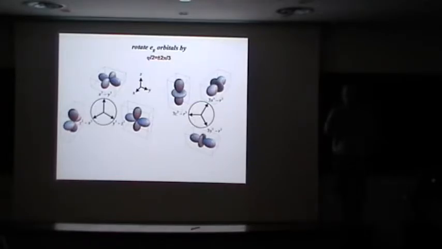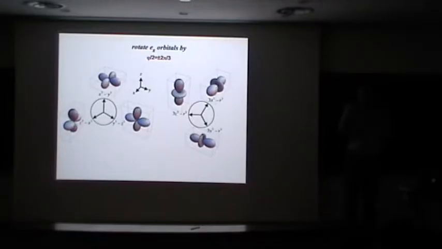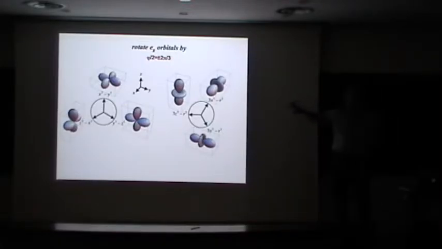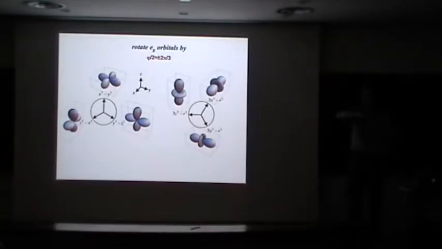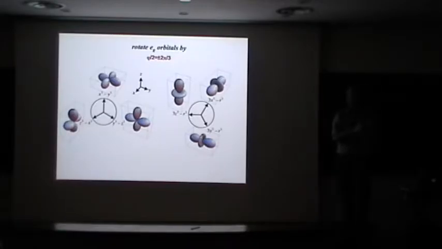These are just rotations in orbital space, in this internal SU2 space. If I do a rotation in this SU2 space, with some angle along some axis, I get different orbitals in real space. The underlying symmetry, that x squared minus y squared is fourfold degenerate, has nothing to do with that.